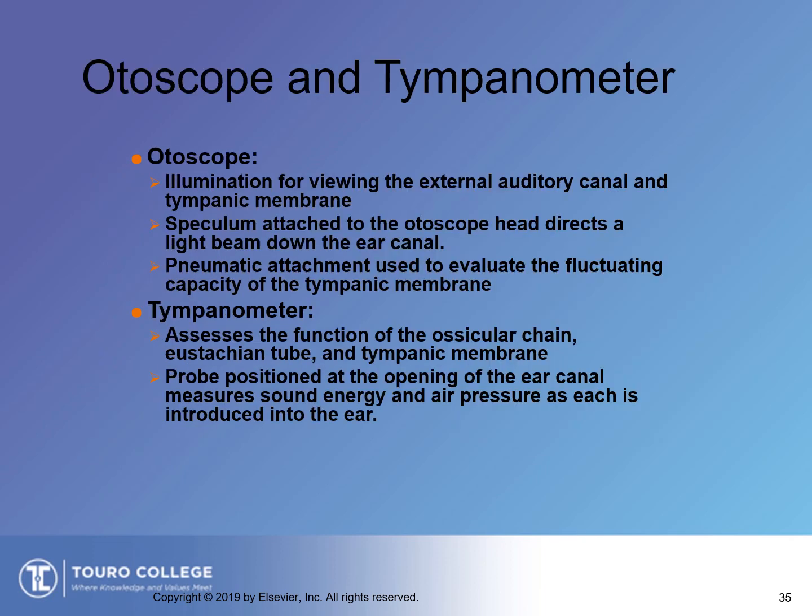Next is the otoscope. Next to my stethoscope, this is what I use most often. And I use it for looking in the ears. I also look in the eyes, mouth, up the nose. I use it all the time. And you should have a little pump attached to it.